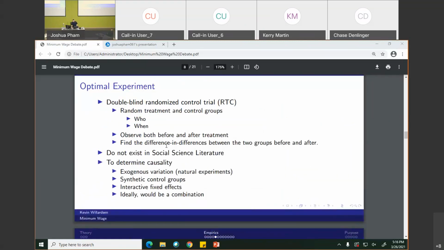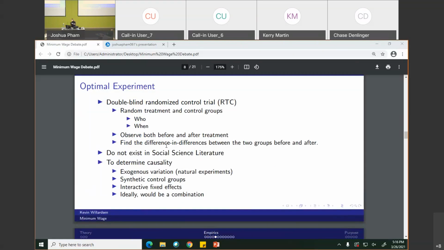To kind of see this, I want to step back for a second. Let's talk about the optimal experiment. If we were to go through and empirically test whether or not an increase in the minimum wage causes unemployment, the optimal test would be to take a bunch of people at random and impose a minimum wage on that person at a random time. Well, for obvious reasons, we can't do this, right?